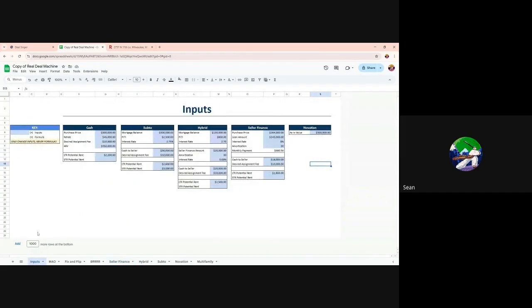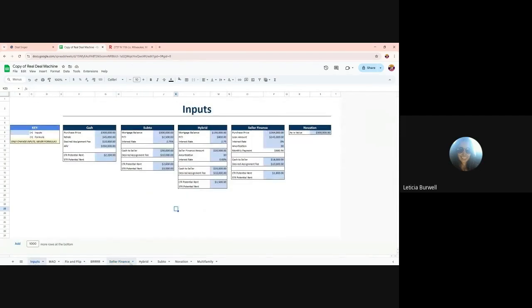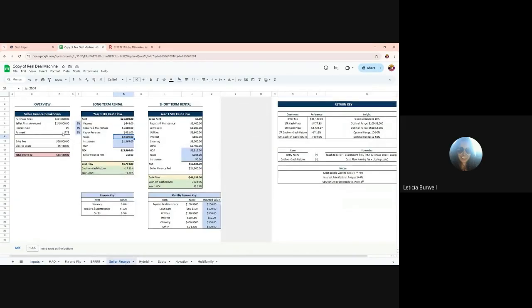So what you want to do now, wait, can you guys see my screen? Yeah. Okay. So once you've got that filled out, you want to click on the seller financing tab down here. And now we need to put in the taxes and the insurance. So what does Deal Sniper say those are?